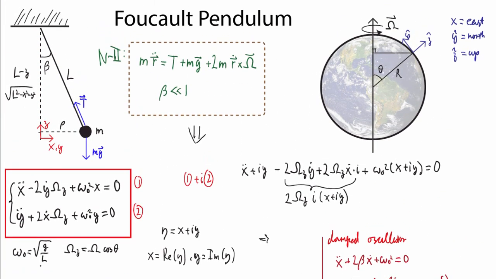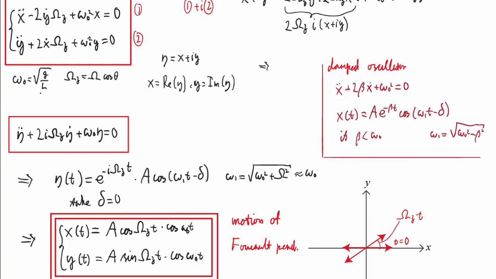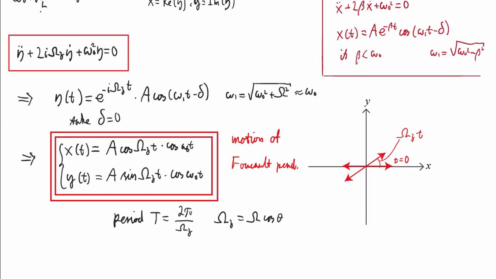So that means that when theta is 90 degrees, then cosine of theta is 0. So at the equator, T becomes infinitely long. In other words, at the equator, the Foucault pendulum doesn't work at all.